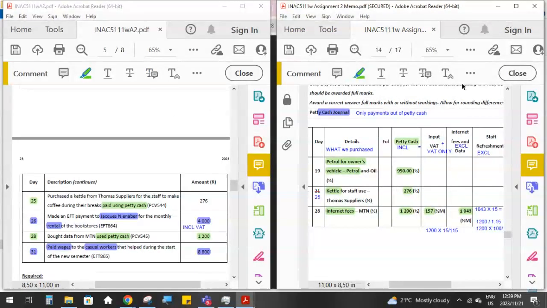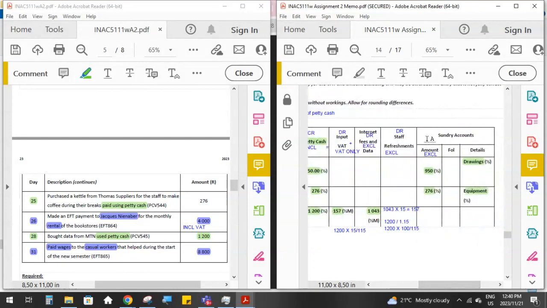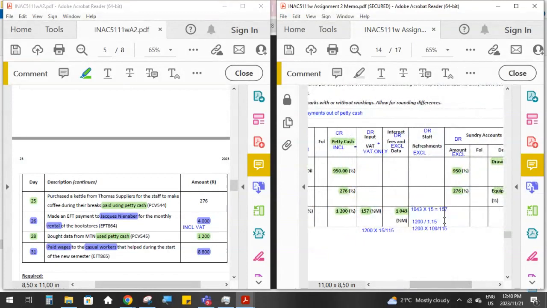And because we are paying money out of the petty cash, which is an asset, it is getting the credit, and everything on the right-hand side of the equal sign will be getting a debit. Okay, which is why your debits, 157 plus 1043, added together must equal the credit.